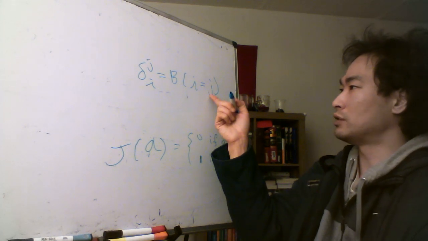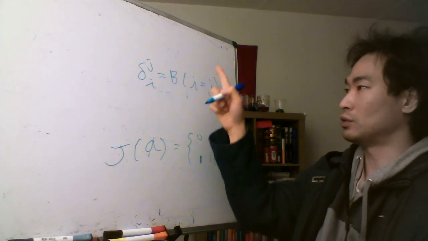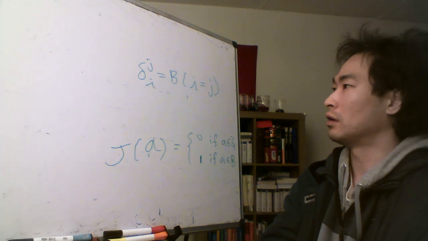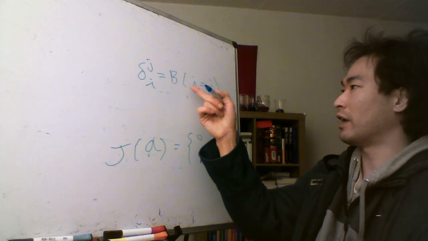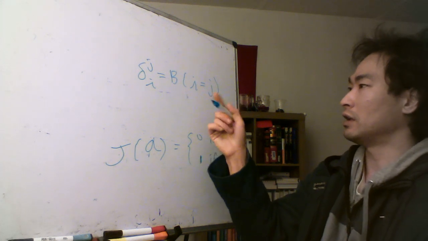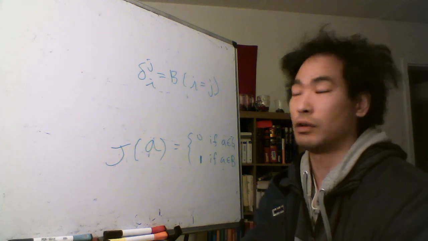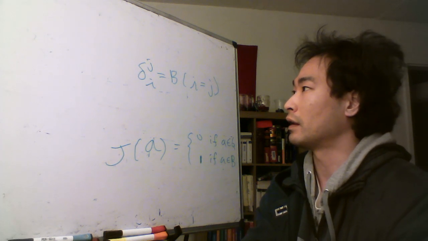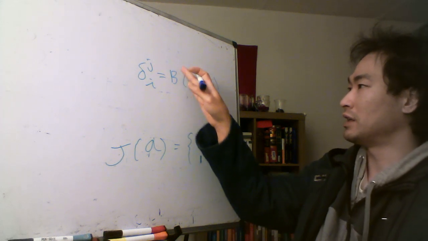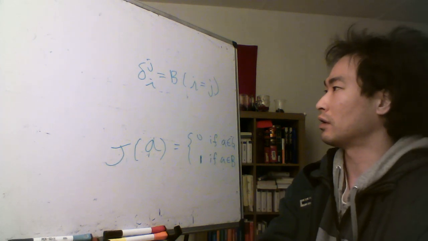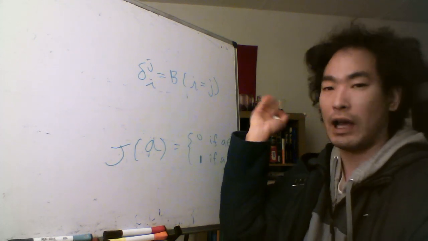If i is equal to j, then its output is true, so it's 1. If i is not equal to j, then the Boolean value of this equality is 0. That's the identity matrix, the Kronecker delta. We just used Boolean b here, but we don't have to. So we got a one-line Kronecker delta.